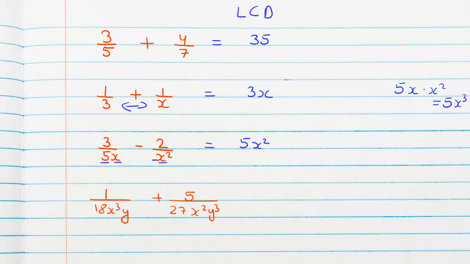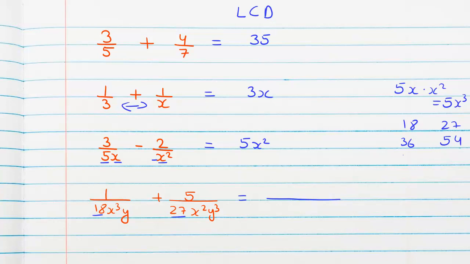But in this case, when we are looking for a common denominator, we simply take the one which has the highest power. Okay, so for this one, as you can see, what is the common factor just for 18 and 27? Forget the variables for a second. Well, for 18 and 27, the next number for 18 is 36. That is not 27. And the next number of 27 times 2 is 54.